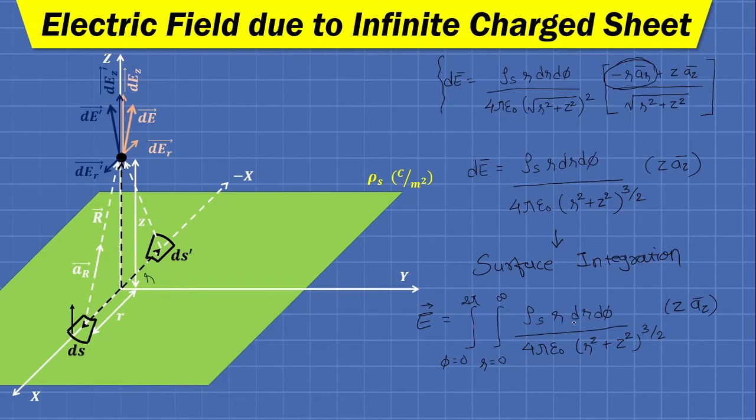When we see the integration with respect to phi, it is very easy because there is no component of phi in the numerator or denominator. So the integration with respect to phi will be phi itself. The issue is when we calculate the integration with respect to r, because we have an r in numerator and r square plus z square raised to 3 by 2 in denominator. So it is going to be a very cumbersome calculation. So again, what we will do here, we will take help of variable manipulation.